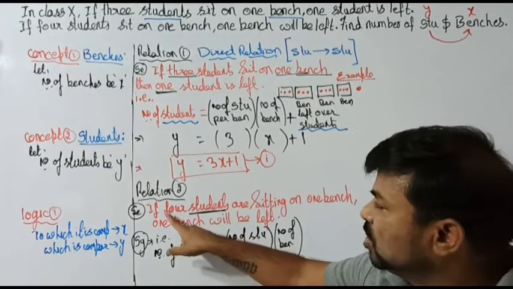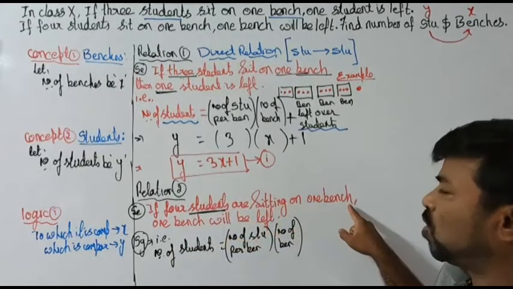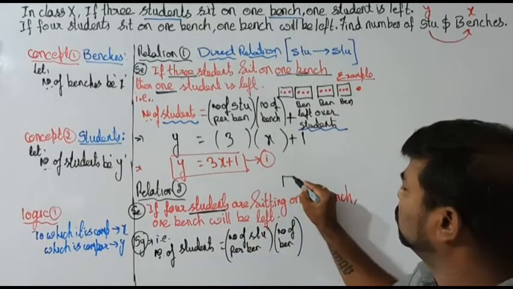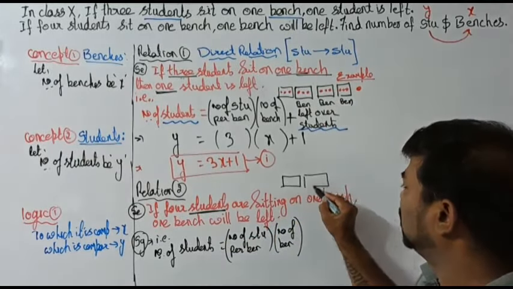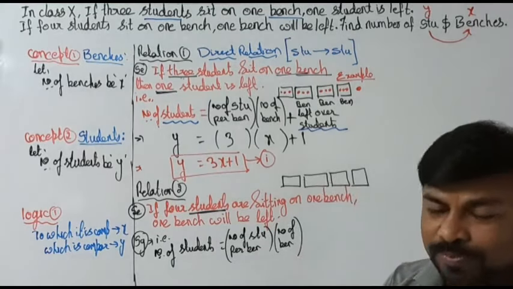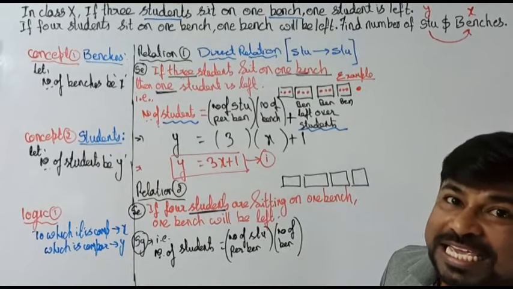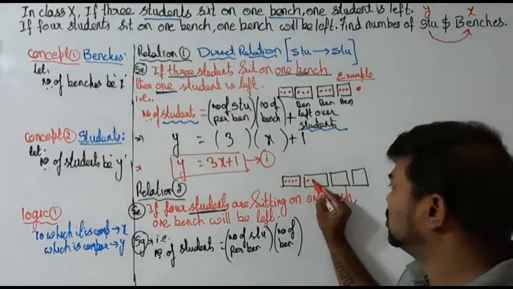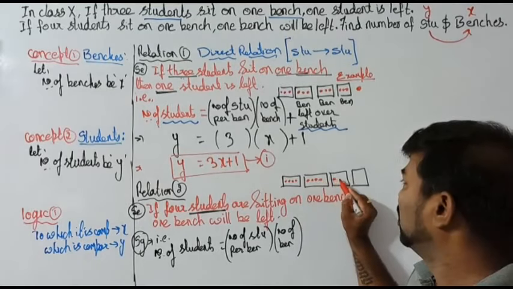See here, if 4 students are sitting on one bench, 4 students. Here the same example I like to give, just example-wise I'm taking 4. Now, how many are sitting on each bench? There are 4 sitting on each bench. This is what he's saying.